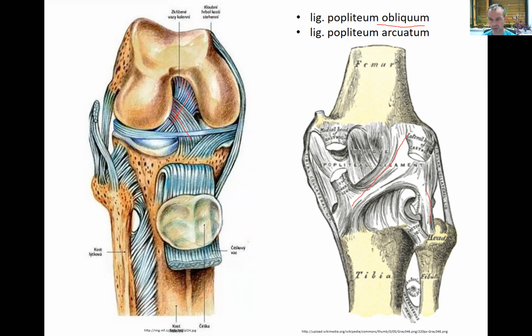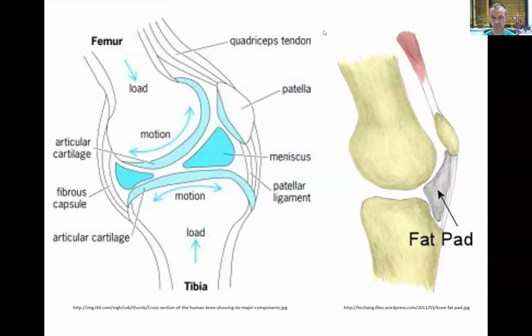And the other one is the so-called arcuate ligament. It's a thinner one, and it has two limbs, and it is attached to the head of the fibula. So these are the last ligaments of the knee joint.